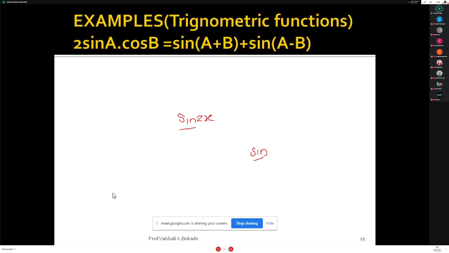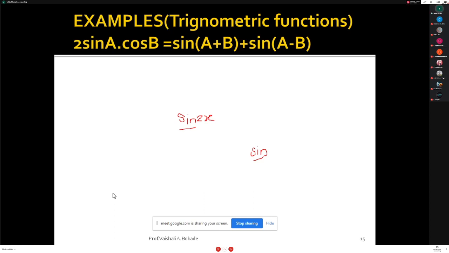So you have to adjust your function as either sine or cos or e raised to x into sine or e raised to x into cos or k raised to x into cos. That way you will adjust your function in terms of addition or subtraction terms there. Then only you can get the derivative here. This is the key thing you have to remember.